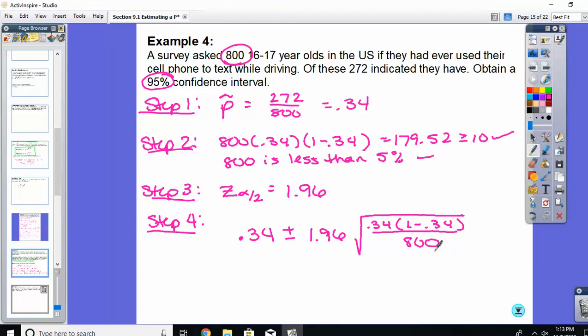So I'll do the minus one first. And you can just do second enter and change it to a plus.